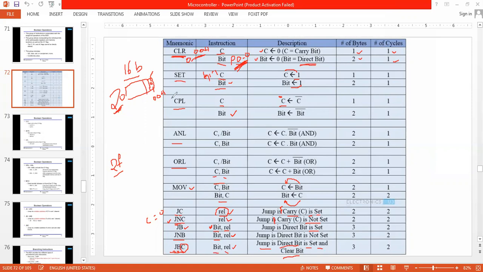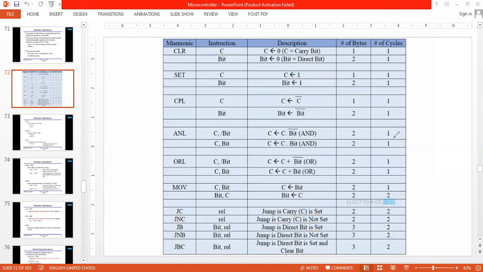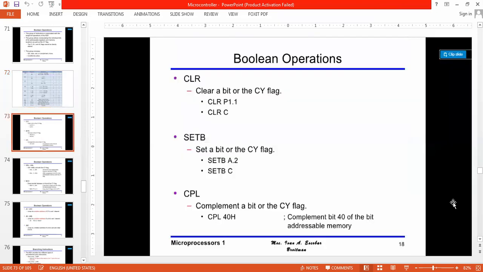So hope all these instructions are understood. Is it understood? You will see some examples here. Clear C, which stands for clearing the carry flag, CY equal to 0, or CLR P1.1. P1 is the port 1 register, and into that, the particular bit P1.1 is going to be made 0.